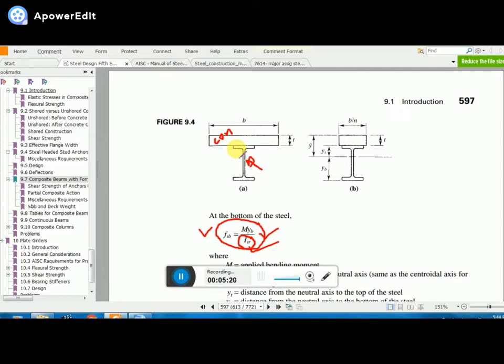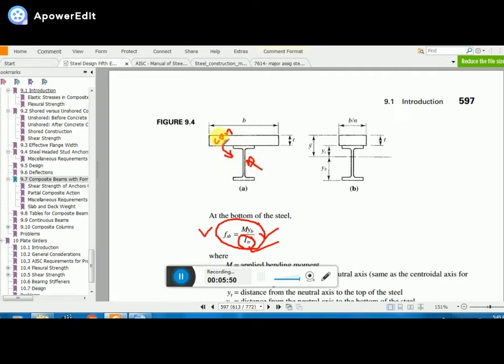So for a composite section the bending equation does not work unless you convert the materials into one common material. For that purpose we convert either steel to concrete or concrete to steel. Converting steel to concrete is a difficult job. The simple approach is to convert the concrete into steel.